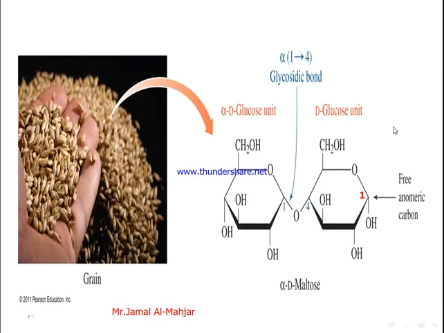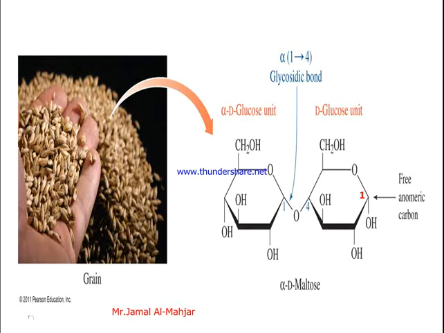Yes, we will see here, look. This one is glucose and this is another glucose. We join them, but the join is between carbon 1 and carbon 4. This carbon 4 from another molecule is not the functional group. So one functional group from one glucose reacts with carbon number 4 of the other molecule.